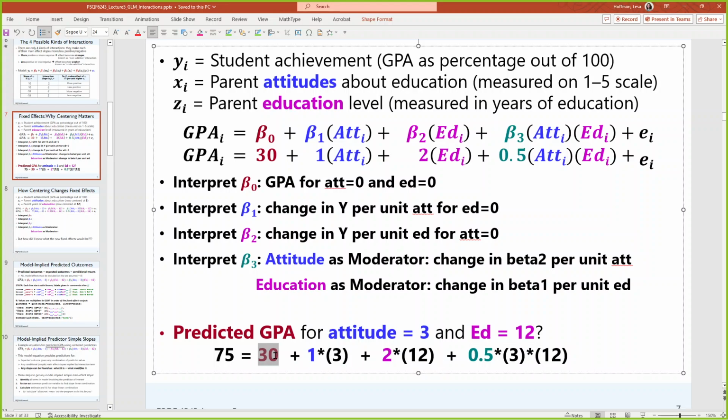So 30 is my fixed intercept. 1 is the slope of attitudes, and I put a 3 in the parenthesis for the value of the variable. 2 is the slope of education, and I put a 12 in the parenthesis. Then 0.5 is the interaction term, and I put in each of the predictors that go with that. If I do the math, that works out to be 75.